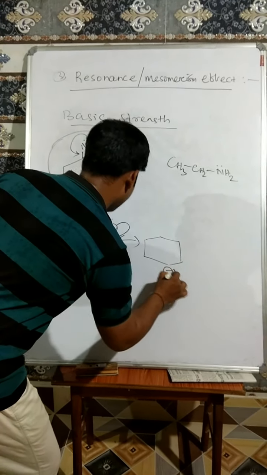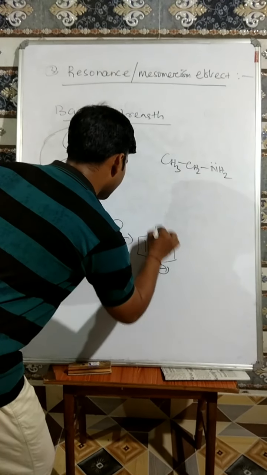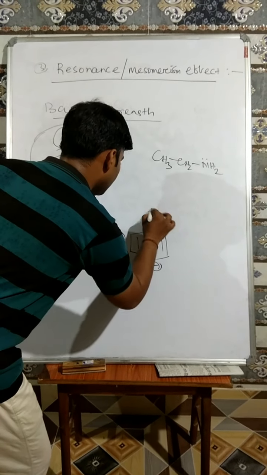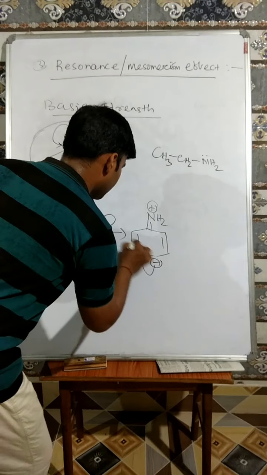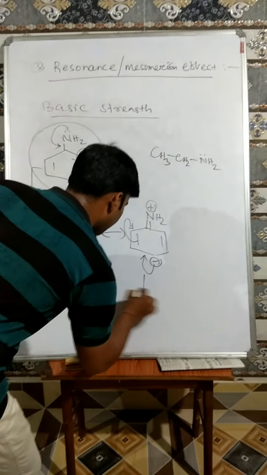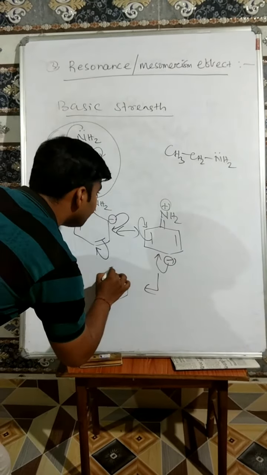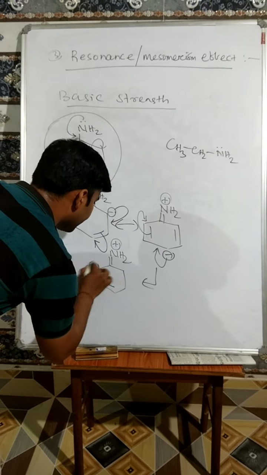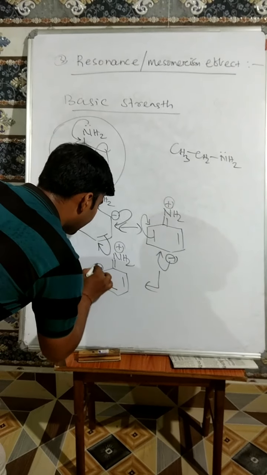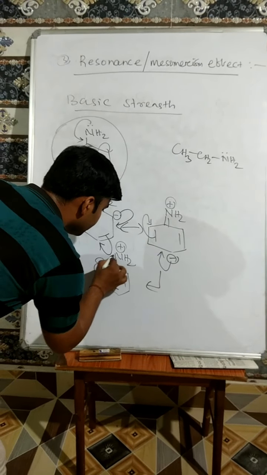So here negative, here double bond, and next two, and you see here the resonance mechanism, and double bond, here negative, here double bond, and finally we get this one.